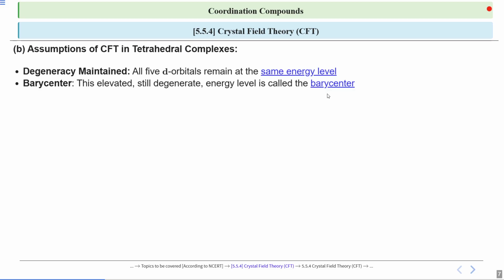All the 5 d orbitals have raised their energy by some amount from the previous state, and this is an elevated energy, but still degenerate. The energy of all the 5 d orbitals increased, but among them they remain at the same energy level, so they are still degenerate. This energy level is called the barycenter.